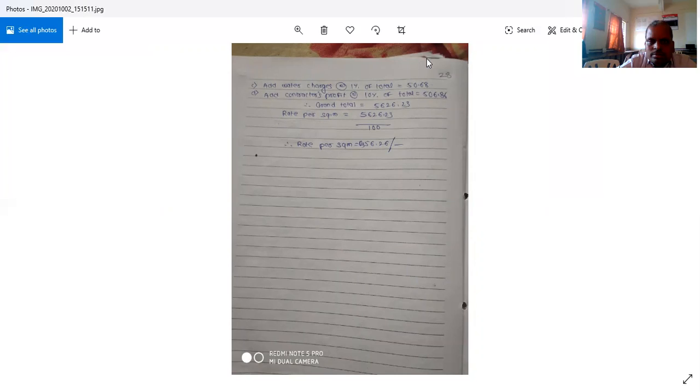So the rate per square meter will be 5626.23 divided by 100. So therefore, the rate per square meter will be 56.2 per square meter. In this manner, by following very simple technique and steps, very easily we can find out the rate analysis for different items. Thank you very much. We'll continue in the next lecture.